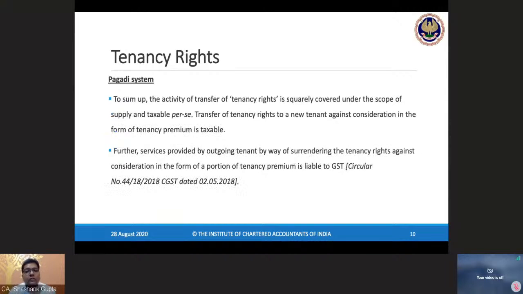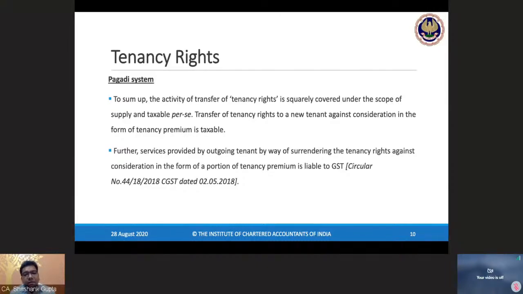So the question was whether such kind of tenancy rights or pagdi system would be covered under GST and liable to tax. The answer is yes, it is covered under supply and liable to tax under GST, and transfer of tenancy rights to a new tenant against consideration in the form of tenancy premium is taxable.